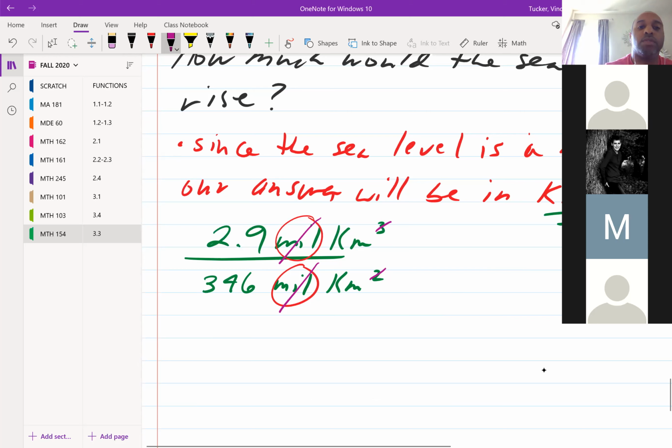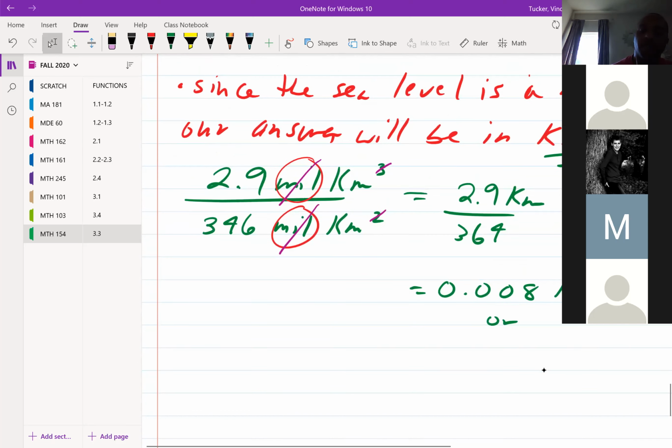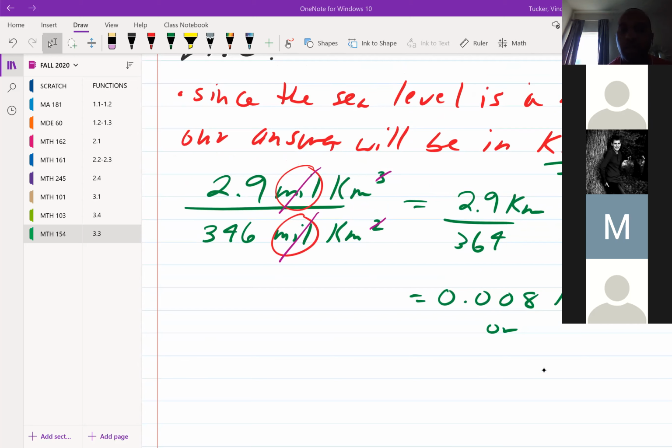And so that allows me to have this answer that I'm looking for, 2.9 kilometers over 346, and divide that out. See if they want your answer in the other form. Oh, it's in kilometers, round to 3 decimal places. So, yep, that's it.